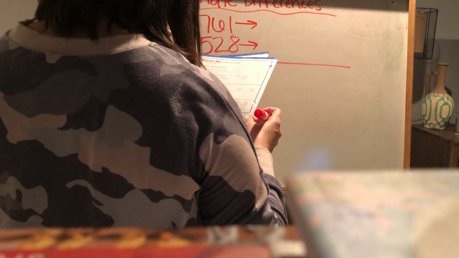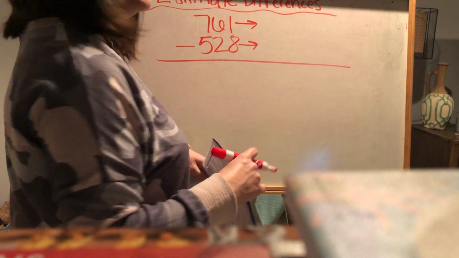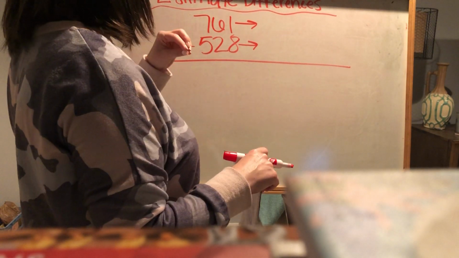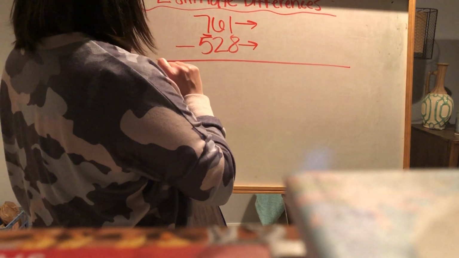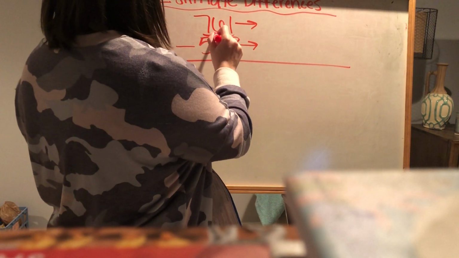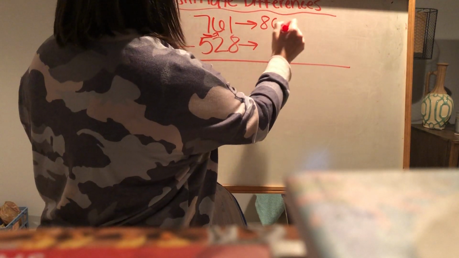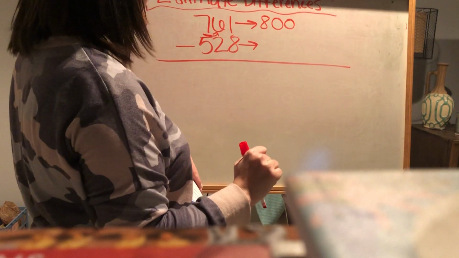So, let's go ahead and estimate to the nearest 100. Okay, now I wanted to do the tens as a review. So now we're going to go back to estimating to the nearest 100. So here's our hundreds place, 7. And we look at our 6, which is above 5. So we change that 7 to an 8 and make it 800 because we are rounding to the nearest 100.